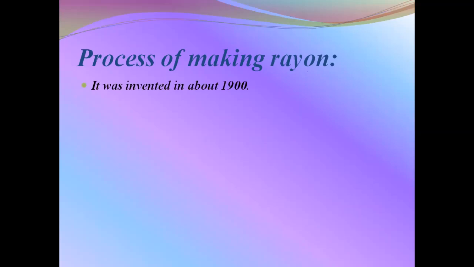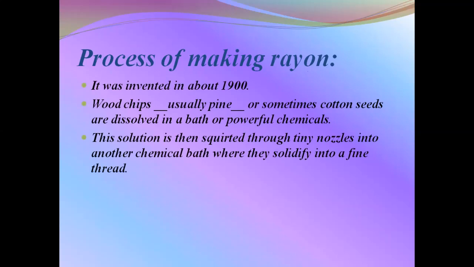Now come to the process of making rayon. It was invented in about 1900. Wood chips, usually pine or sometimes cotton seeds, are dissolved in a bath of powerful chemicals. This solution is then squirted through tiny nozzles into another chemical bath where it is solidified into a fine thread.